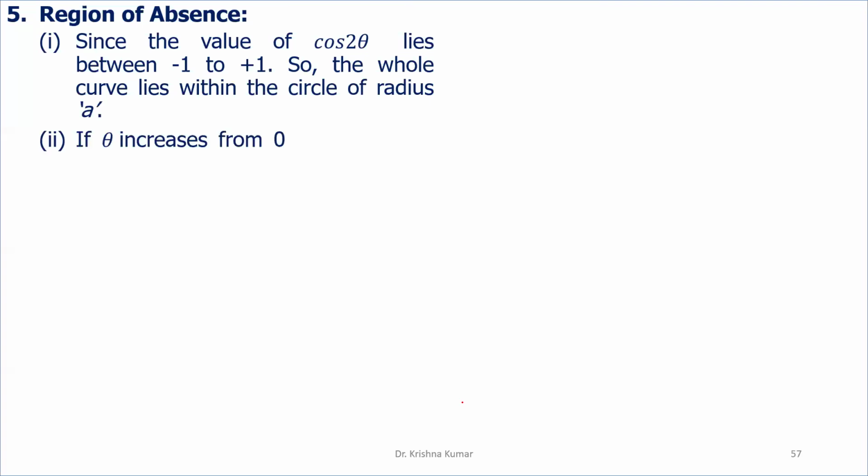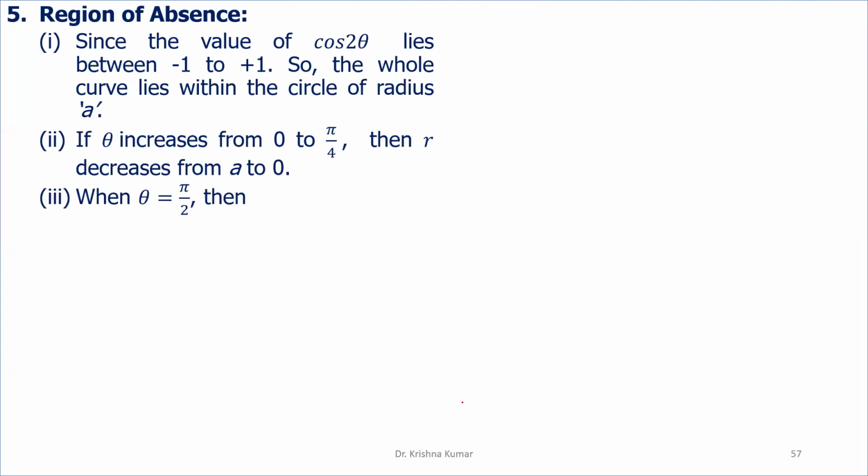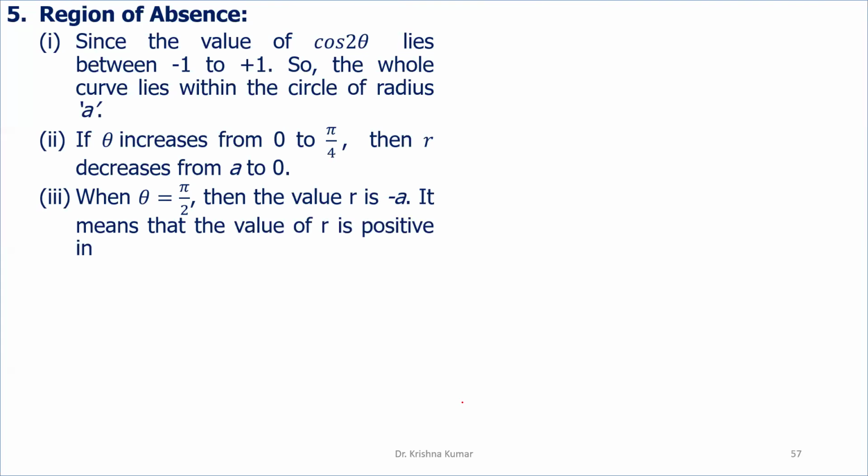If theta increases from 0 to pi by 4, then r decreases from a to 0. When theta equal to pi by 2, the value of r is minus a. It means that the value of r is positive in the opposite direction, that is, for theta equal to 3 pi by 2.